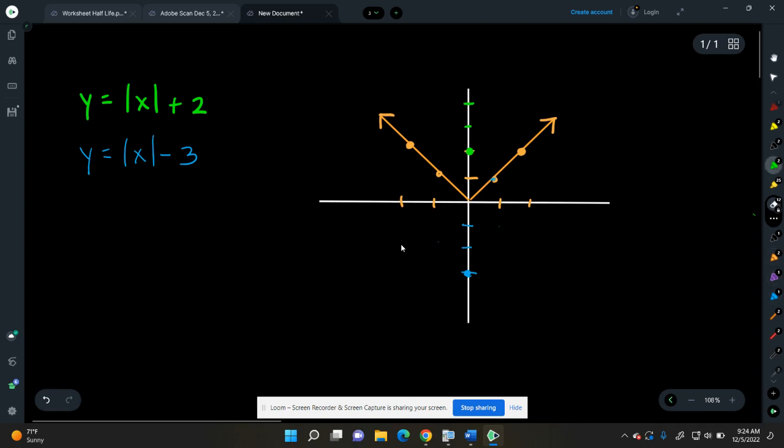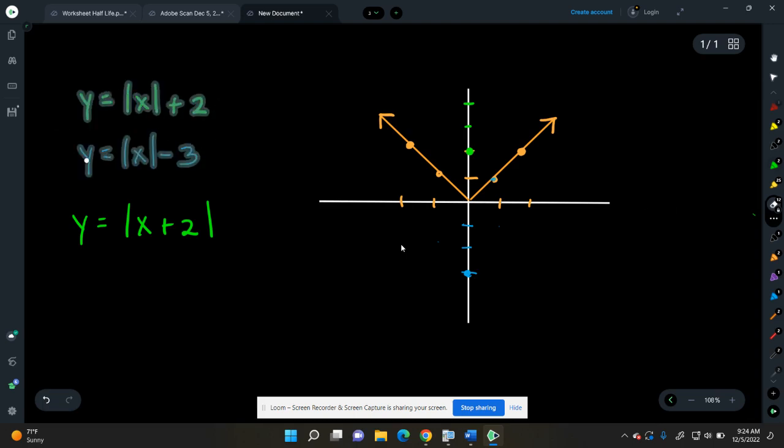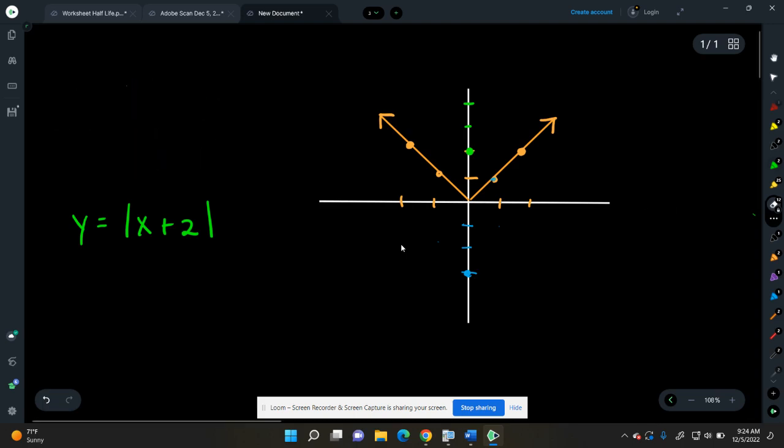So let's say, for instance, that we have y equals the absolute value of x plus 2, like this. Inside the absolute value moves it left or right. Now, the different thing, it's not really hard, is that it moves it the opposite of what you would think.